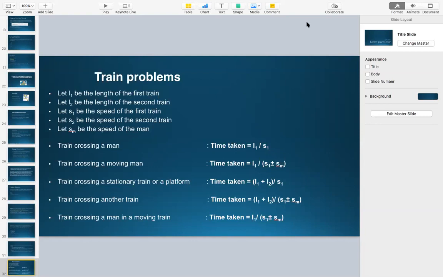Shivam, in the fourth formula and fifth formula, maybe it will be S1 plus minus S2. Yes. See, basically, if the two objects are moving in the opposite direction, it will be S1 plus S2.